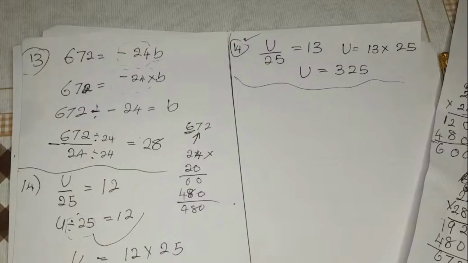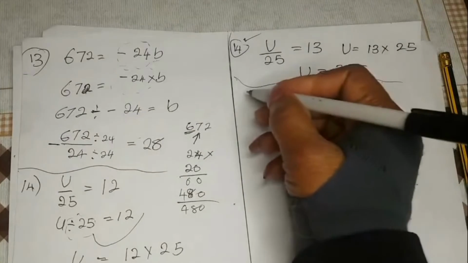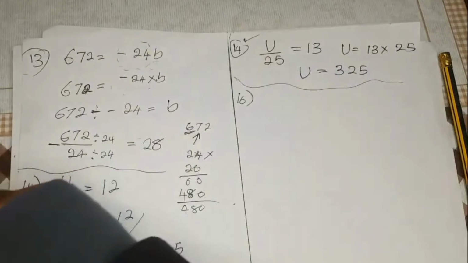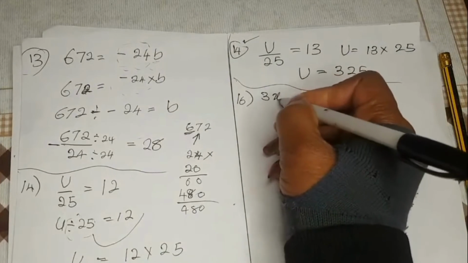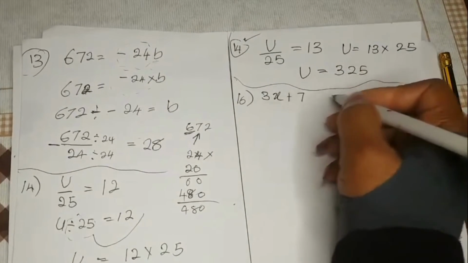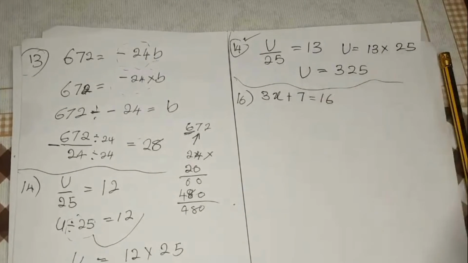Now I'm going to do question number 16, 17, and 18. They're a little bit different. You have question number 16, which says 3x plus 7 equals 16. So which one are we going to move first?